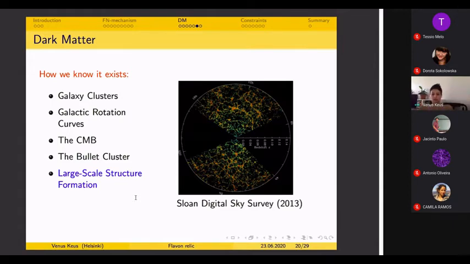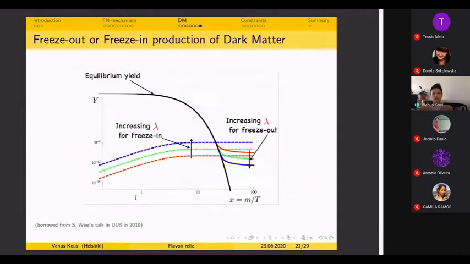And the only way we could get our simulations to agree with observations is if we account for dark matter. So as I said, this is not an exhaustive list, but we have a lot of evidence which confirms that we do have dark matter. But what it is, nobody knows. We only have rough ideas.